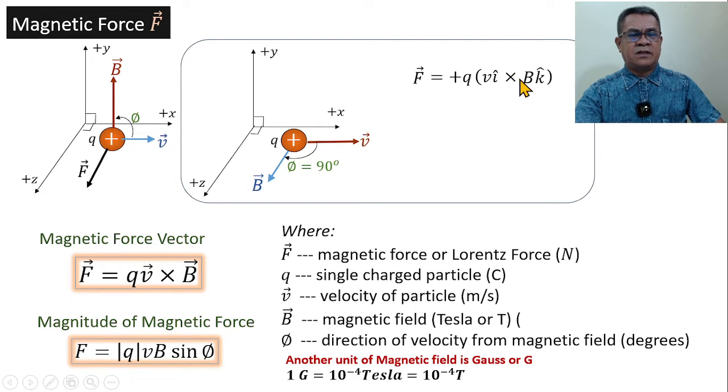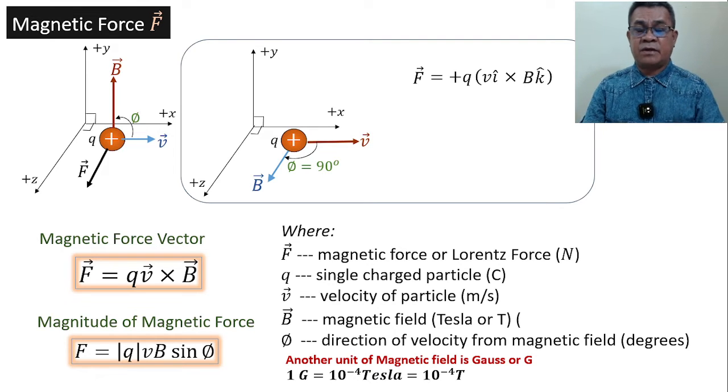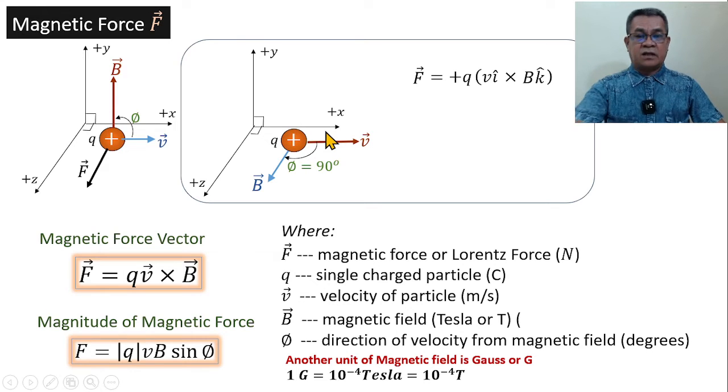So therefore, this should be negative B k hat, and also with velocity. So before you solve, make sure that you understand the problem, in what direction the vectors are directed, and also their magnitude.